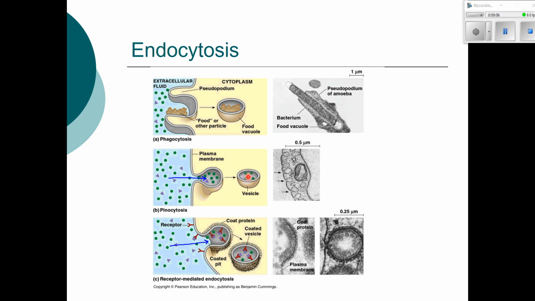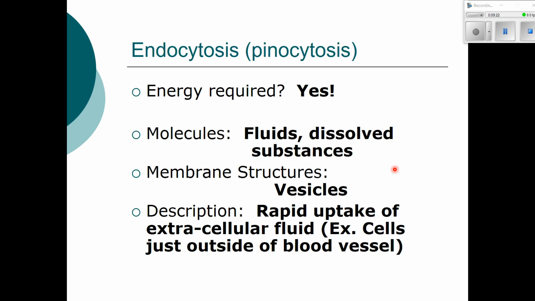And now that extracellular fluid is inside the cell, packaged inside this vesicle. And hopefully there'll be nutrients in here that the cell can use. Glucose, amino acids, nutrients. So pinocytosis is literally cell drinking. It's fluids and any nutrients that are dissolved in that fluid being quickly gulped into the cell and trapped inside vesicles.